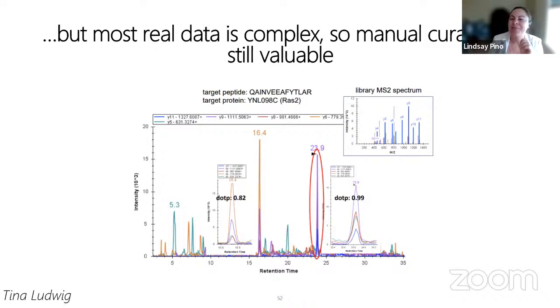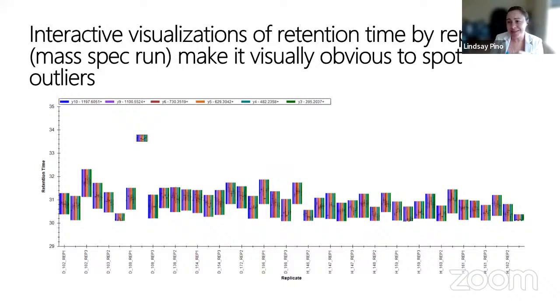So double check before you publish, before you give your collaborator any answer, double check that it's real and that the signal is convincing. Skyline has a lot of tools for you that we're going to use. And I only have a couple more slides before we'll do the hands-on. So I'll definitely get to the questions too. But Skyline has some tools that make it very helpful to quickly curate data, even across pretty large data sets.